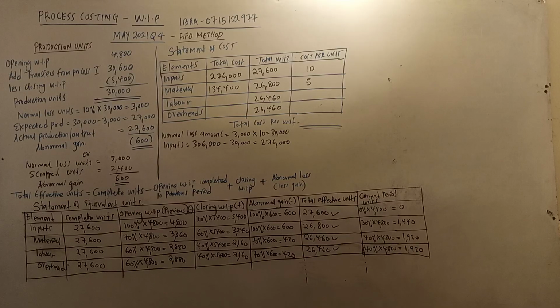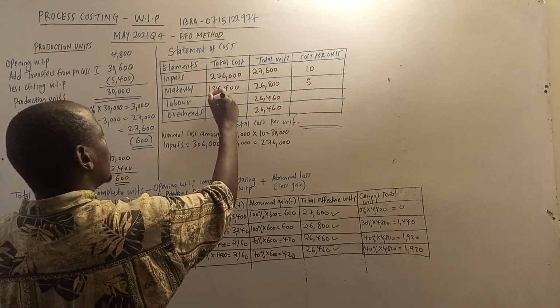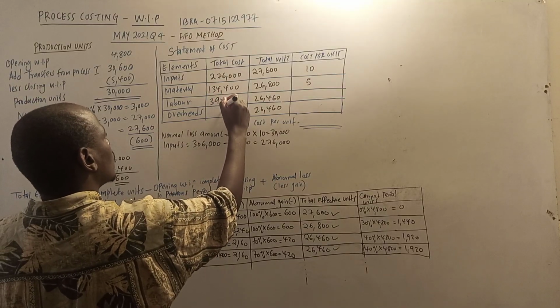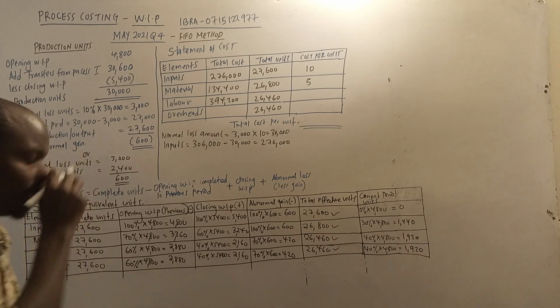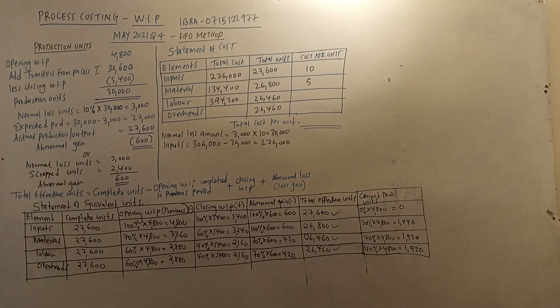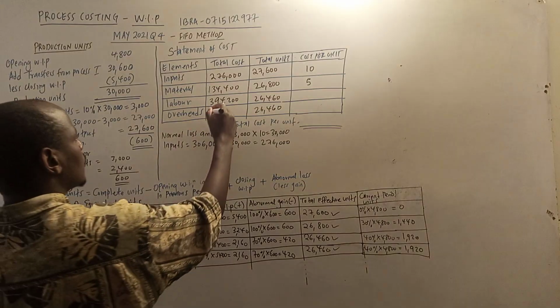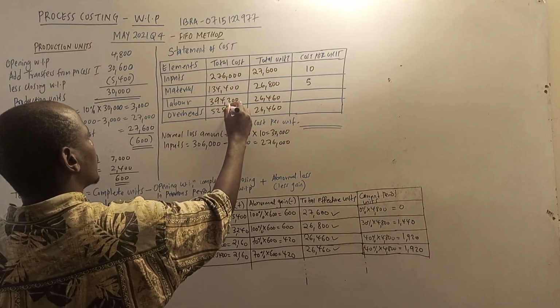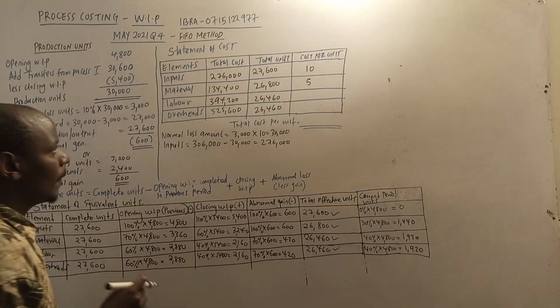Then we have labor, 394,200. Then we have overhead, 525,600.